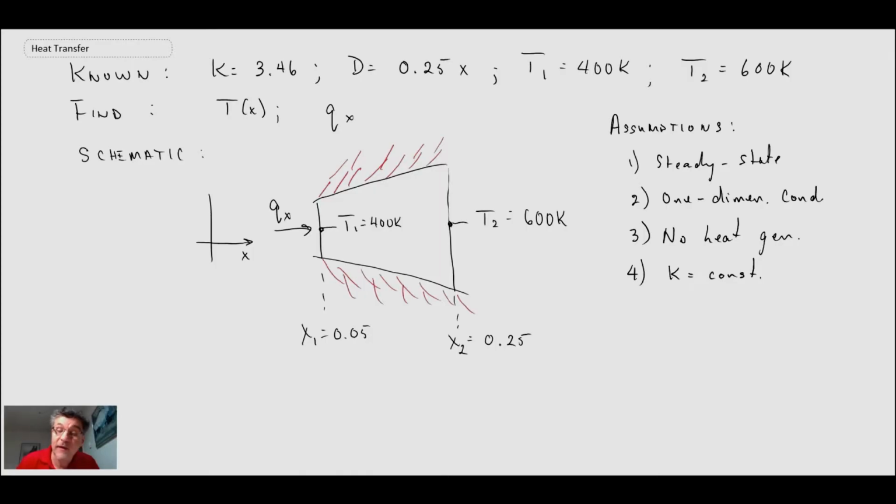So for the analysis, let's begin with Fourier's law. And we're going to follow the same steps that we did before. What we need to do is figure out the area as a function of position x. It is a conical section, so it has a round cross-section.